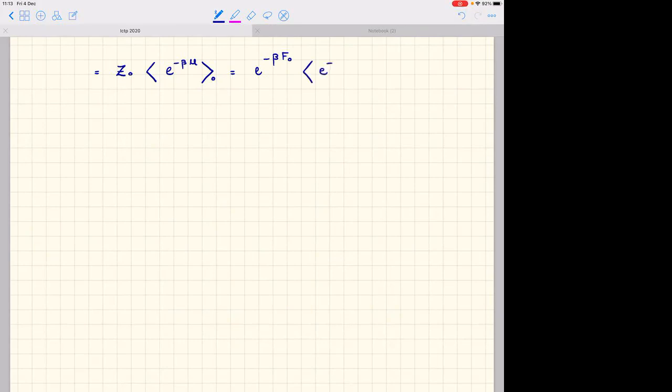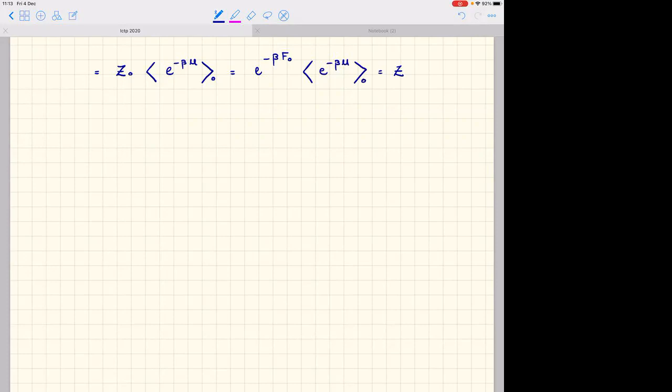Well, then I just have to multiply this by e to the minus beta u, and I obtain my partition function.